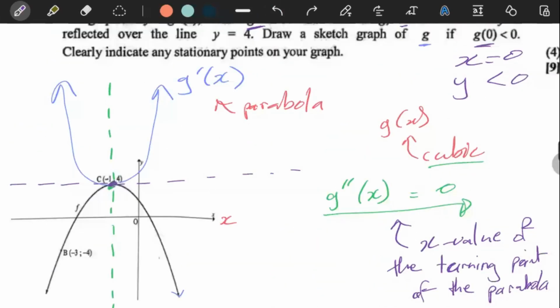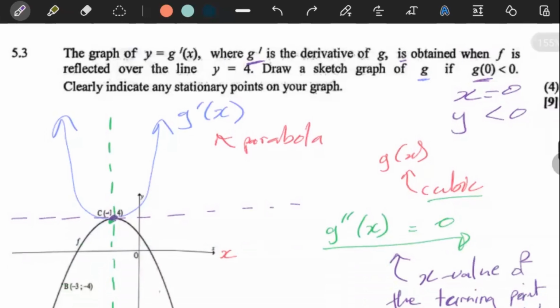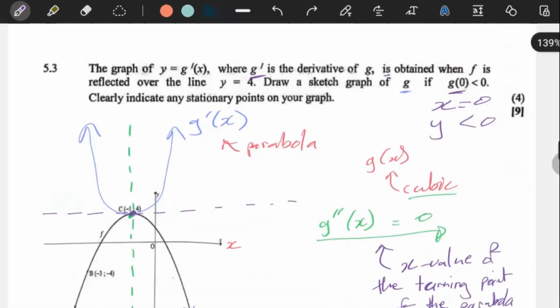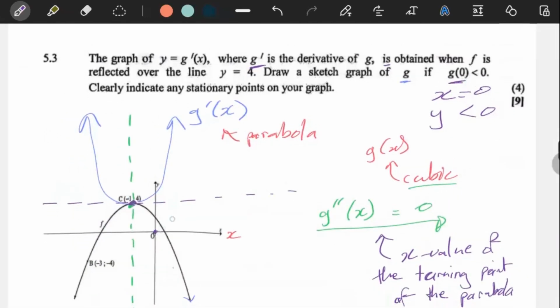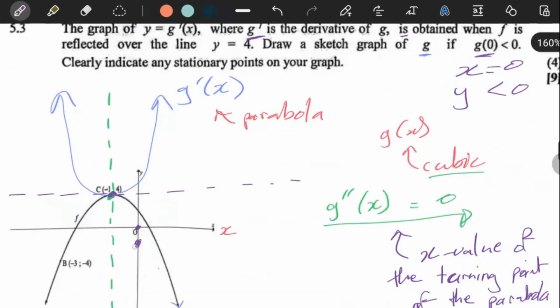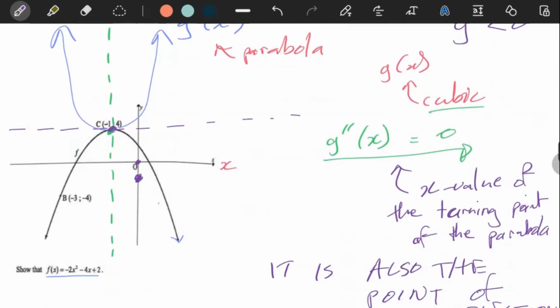What we don't want to forget though is they said that in this graph of G that we're about to plot, we need to be careful that along the y-axis, the graph will cut the y-axis below 0. They're telling us that if your x value is 0 for the graph of G, the y value is going to be a value that is below 0.